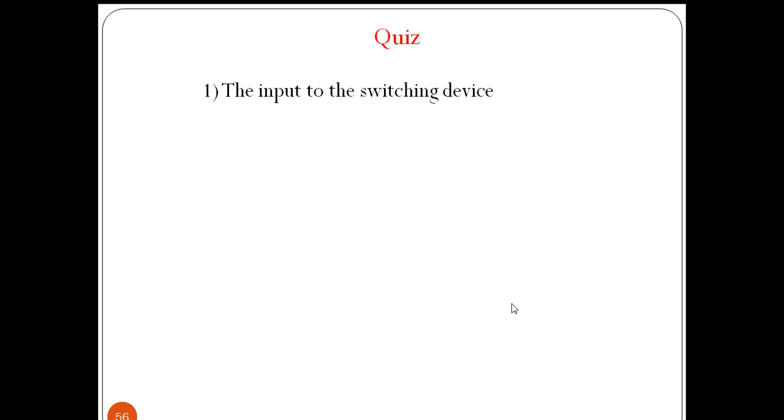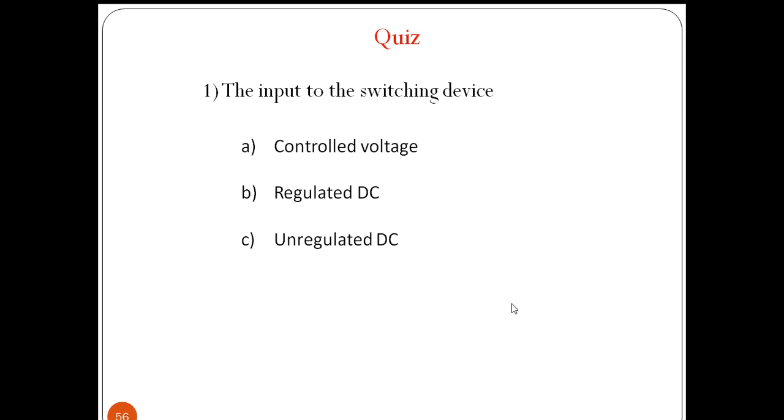Now we will attempt a small quiz on this overall class. The input to the switching device is controlled voltage, regulated DC, unregulated DC, all the above.